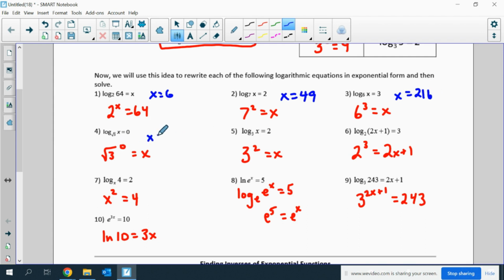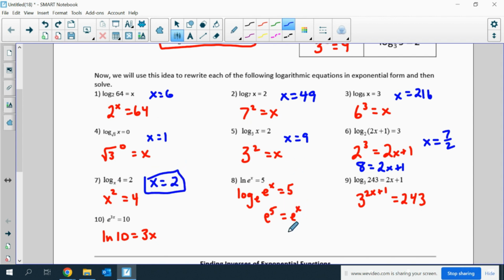Anything to the 0 power is 1. 3 squared is 9. 2 cubed is 8, so we have 8 equals 2x plus 1. So x equals 7 halves. X squared equals 4 means x equals plus or minus 2, but we also have to be careful because the base of a log cannot be negative. So the answer is actually only x equals positive 2.